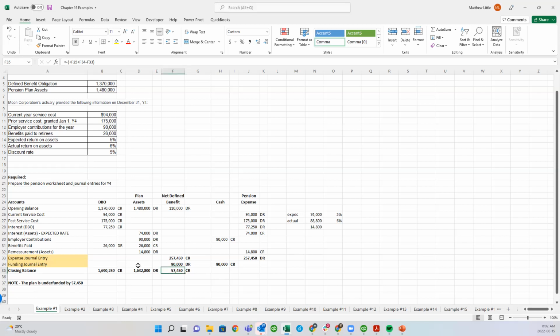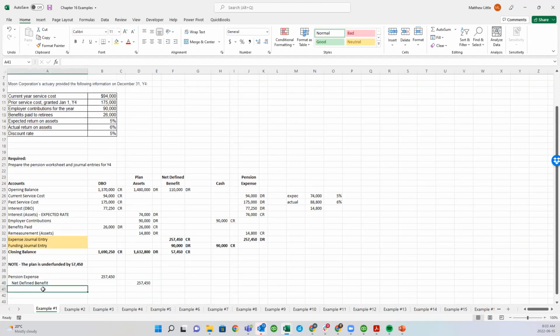And then our journal entries for that year, we would then have a pension expense debit for the $257, a defined benefit account. Let's go credits over here.